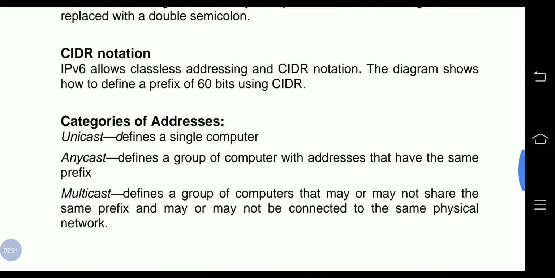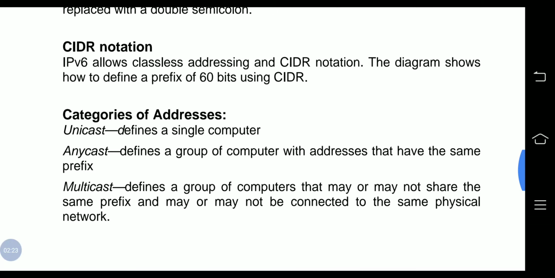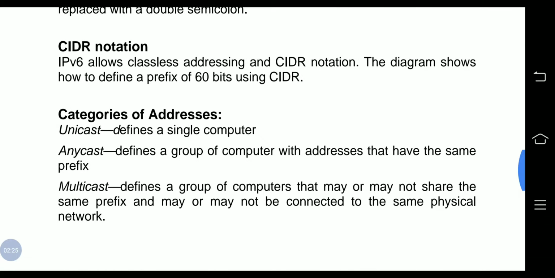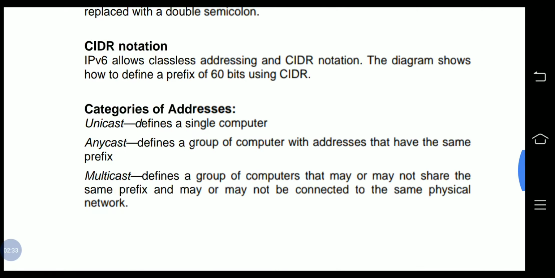Then anycast defines a group of computers with addresses that have the same prefix. For example, think of a WhatsApp group. The group consists of the people associated with that group, so once you put a message to the group, that message will be percolated to all the group members.